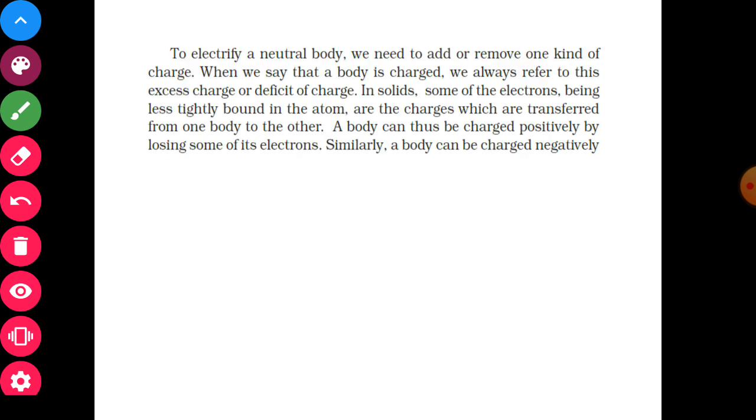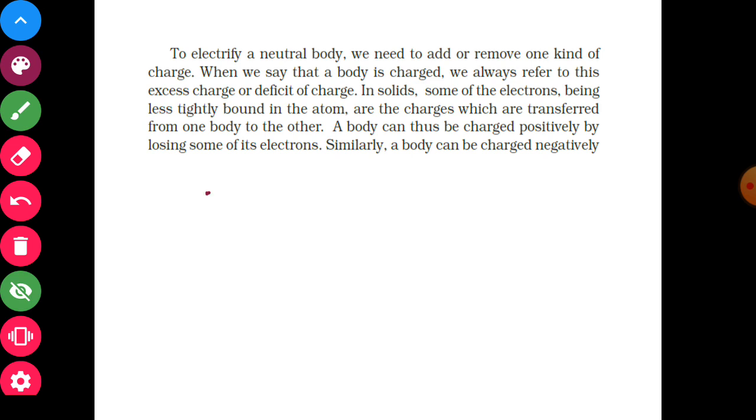To electrify a neutral body, we need to add or remove one kind of charge. Now the charge which can be removed from the body is only the negative charge. Try to understand, electrons can be transferred from one body to the other body. When we say that a body is charged, we always refer to this excess charge or deficit of charge.